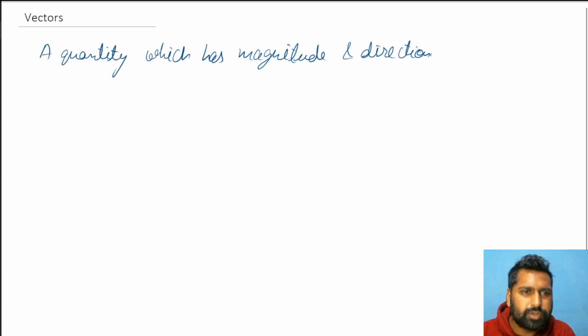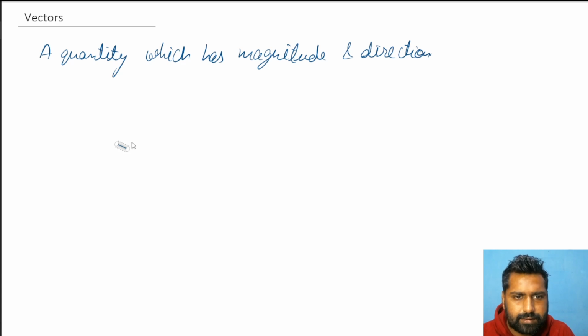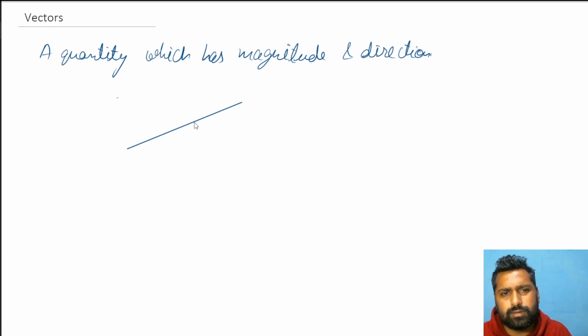Suppose you draw a line segment, and let's say it's 5 centimeters. So that 5 centimeters is the magnitude of this length. Now in order to represent the vector, it is represented with the help of an arrow.